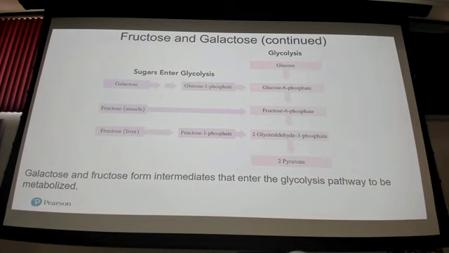And in the liver, fructose will be converted to fructose 1-phosphate. Then it would be converted into glyceraldehyde or DHAP, and it'll be two of them, right? Because that's when it's broken down by aldolase into 2 3-carbon sugars. Any questions about that?